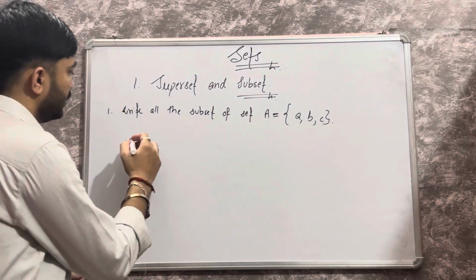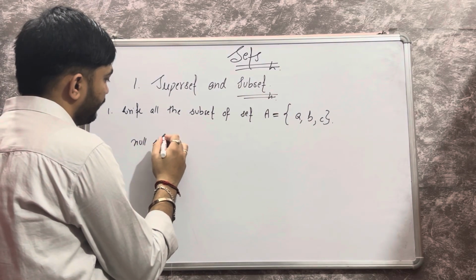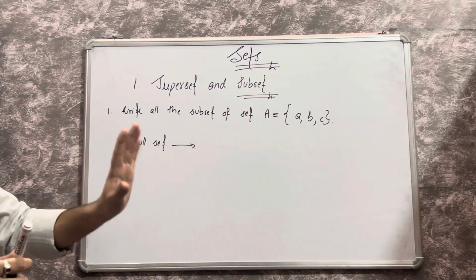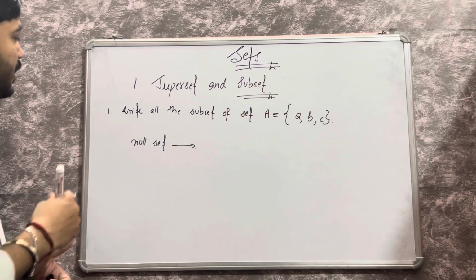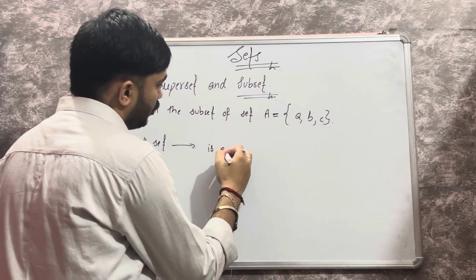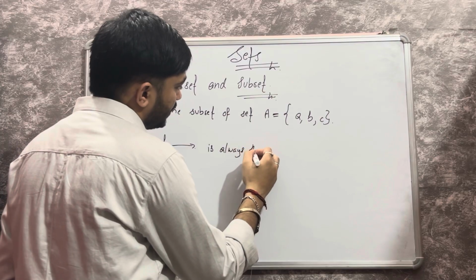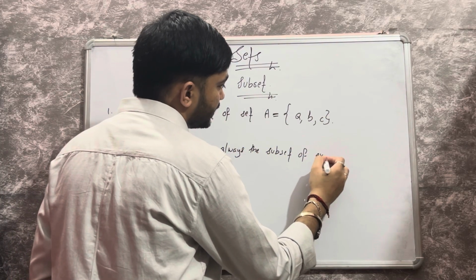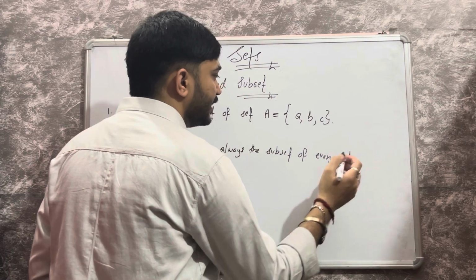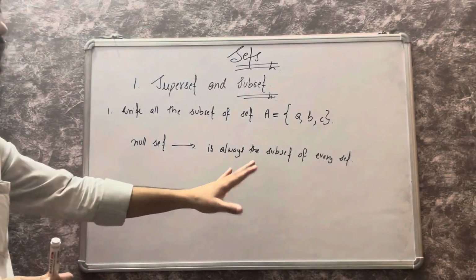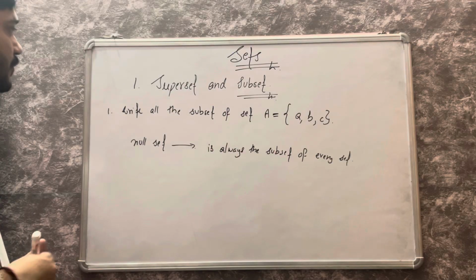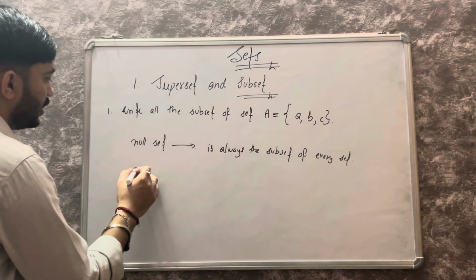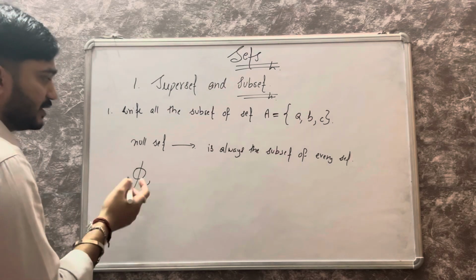Firstly, remember the null set that we have already studied. The null set is a set which does not have any element in it. The null set is always a subset of every set. Any doubts? So if we write the subsets of A here, firstly it will be phi, that is the null set.